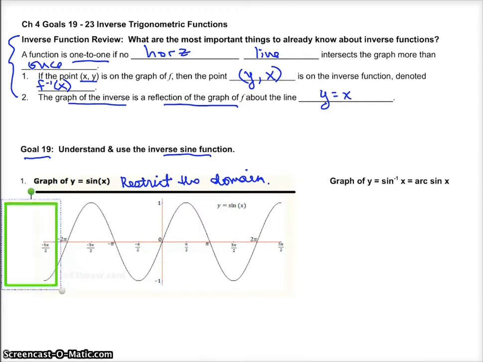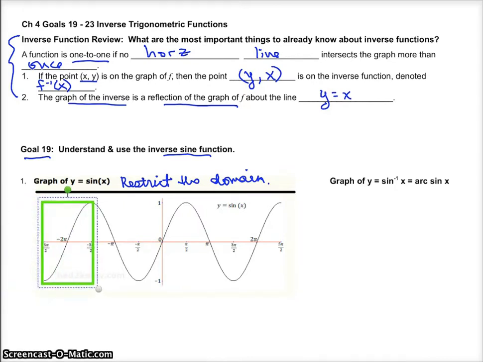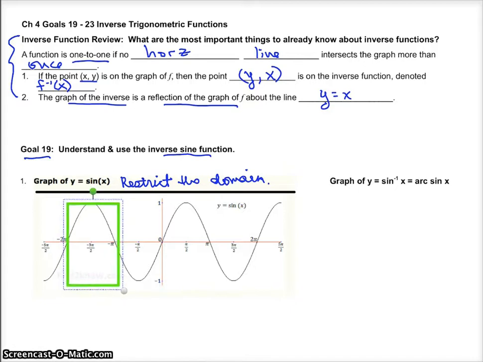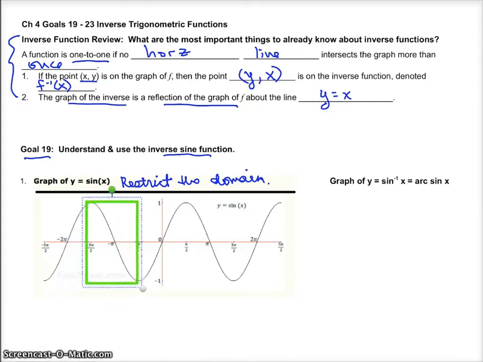If I start here and stop sliding here, I have a one-to-one function. But if I continue to slide and stop between negative 2 pi and negative pi, my function is no longer one-to-one. Continuing, it's one-to-one again.